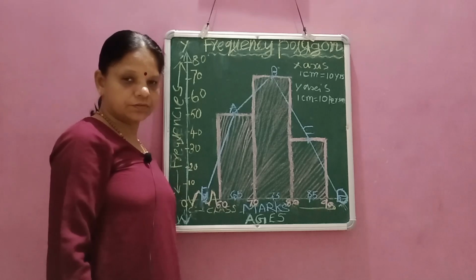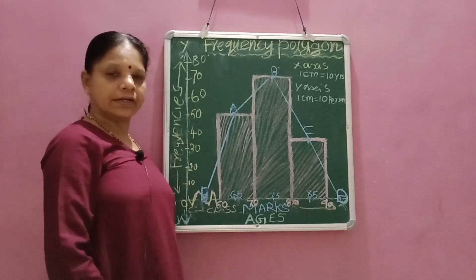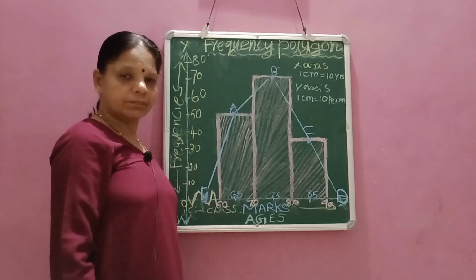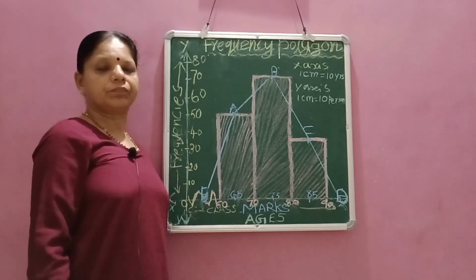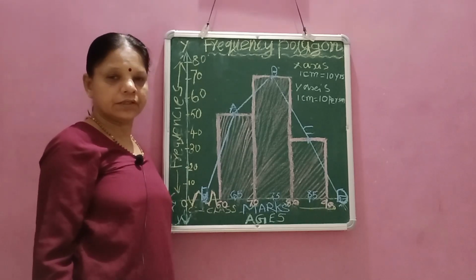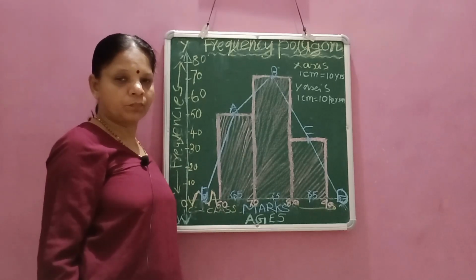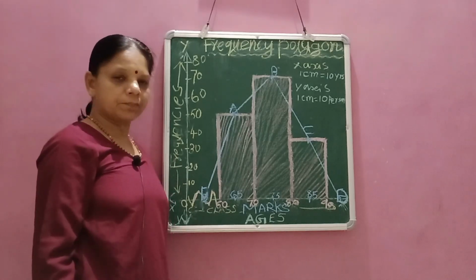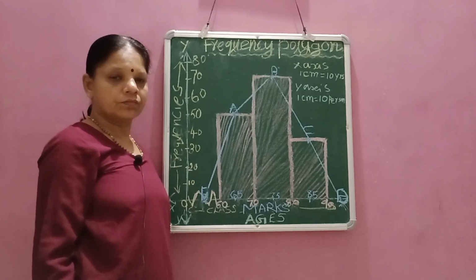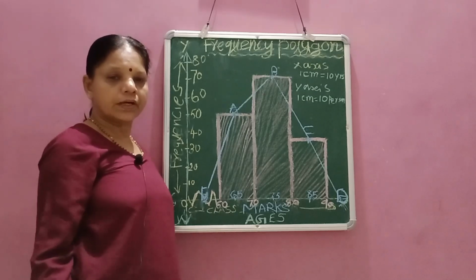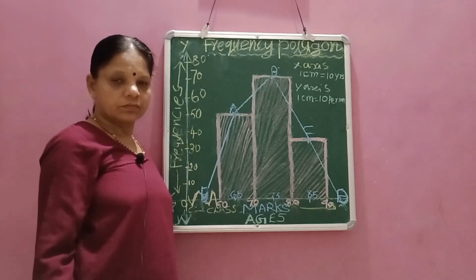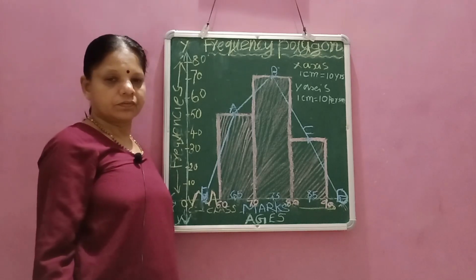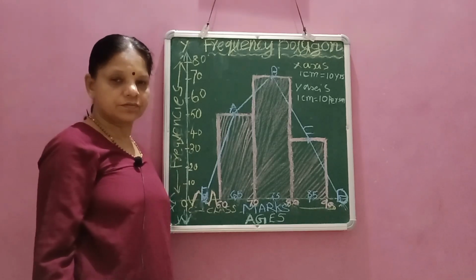So, do you understand the difference between graphical and diagrammatic? In diagrammatic, only one dimension is shown proportionally to the information. In graphical representation, we have to show two dimensions proportionally. That is in the coordinate system.